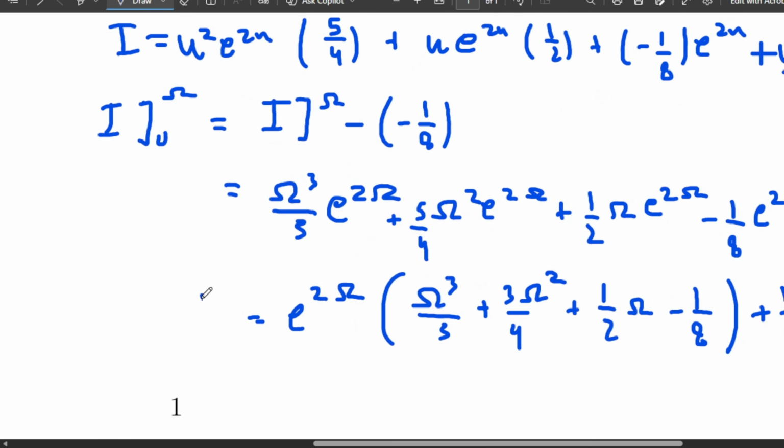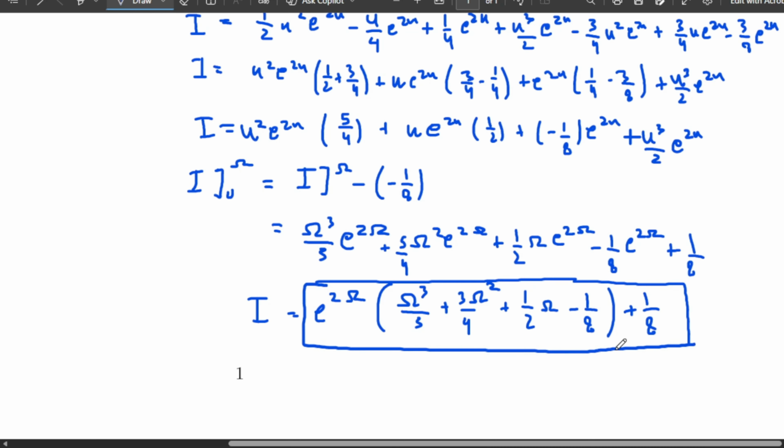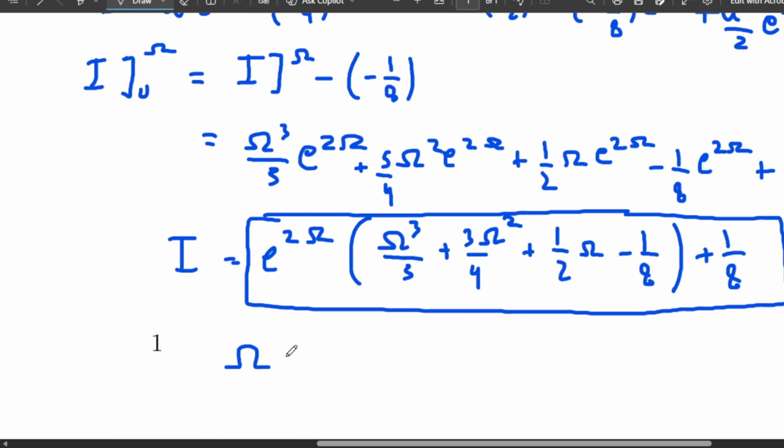So our integral is this. This is the value, where omega is approximately 0.58.